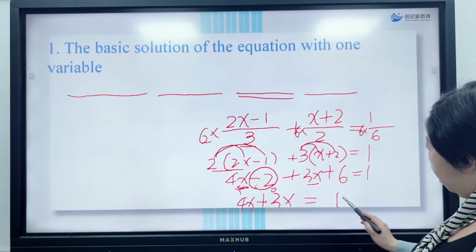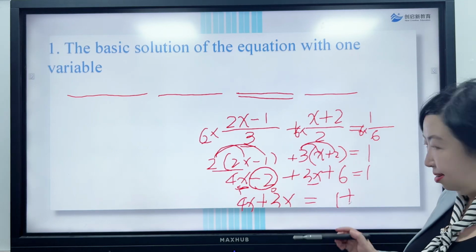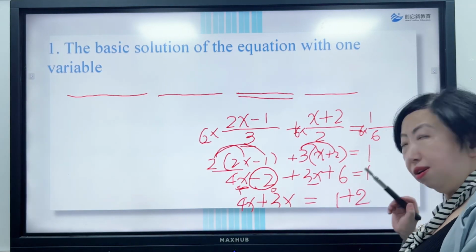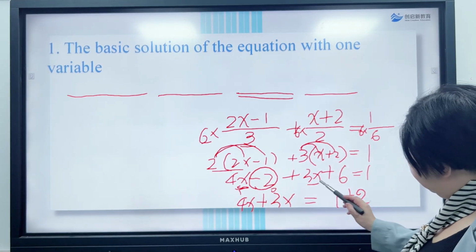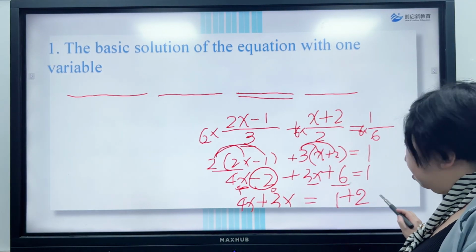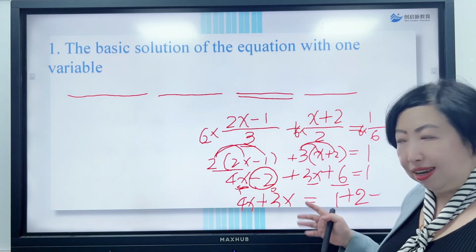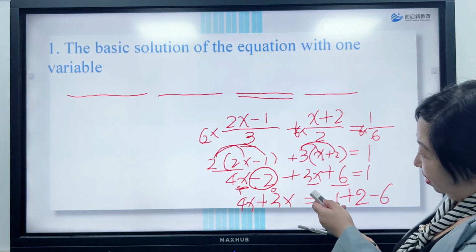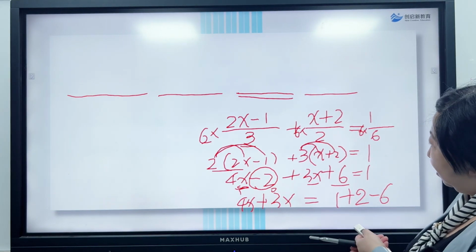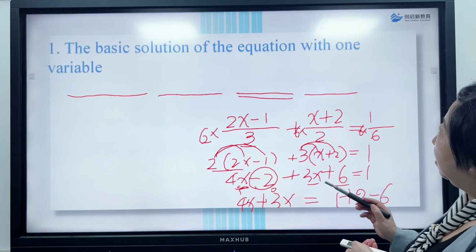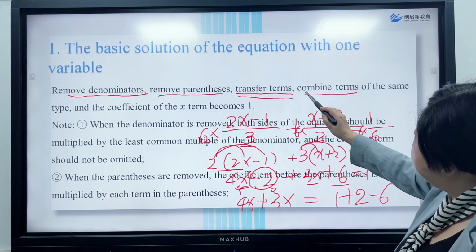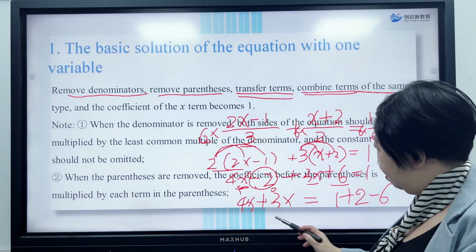Negative 2 here becomes positive 2, and positive 6 becomes negative 6. Okay, then combine terms of the same type.